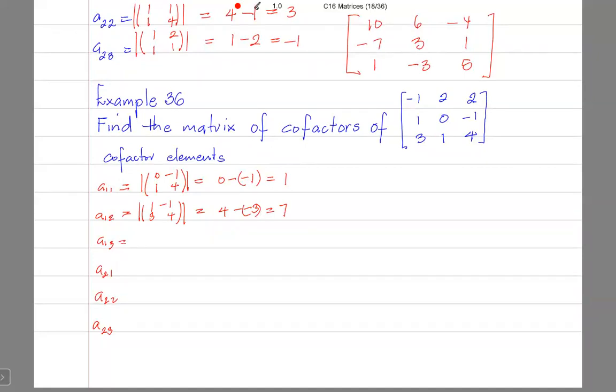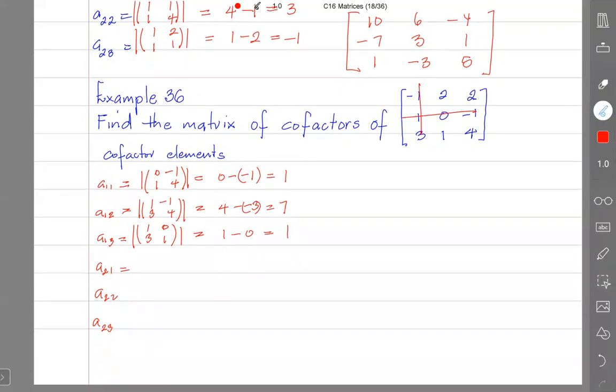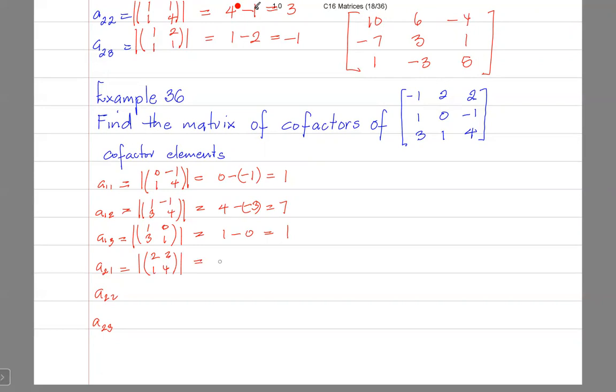Third one is going to be the determinant of 1, 3, 0, 1, which is 1 minus 0, 1. Second row, it's just the 2, 2, 1, 4. So this becomes the determinant of 2, 2, 1, 4, 8 minus 2, 6. So the cofactor element is 6.